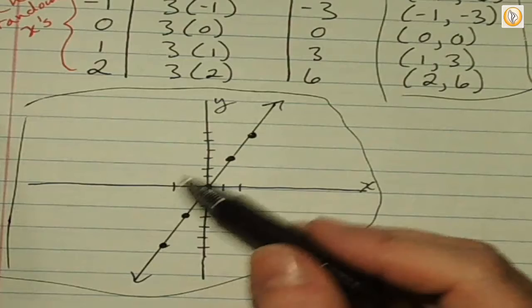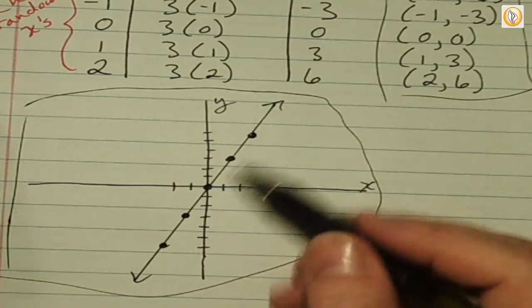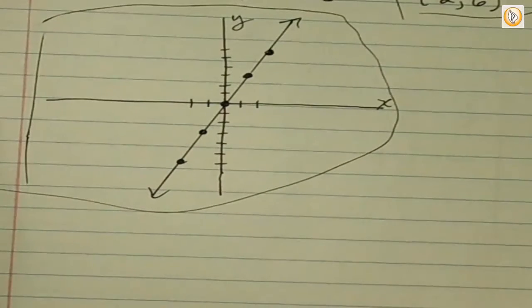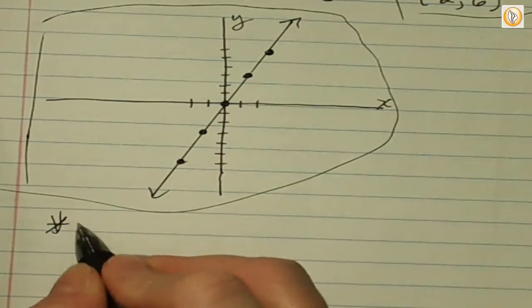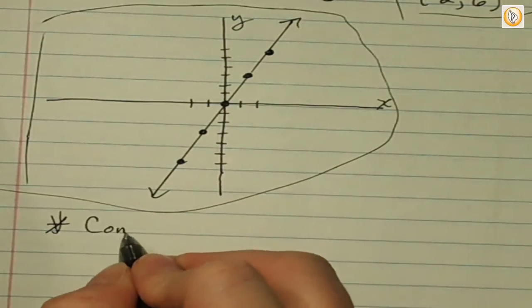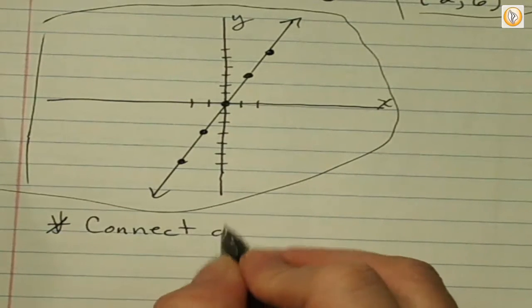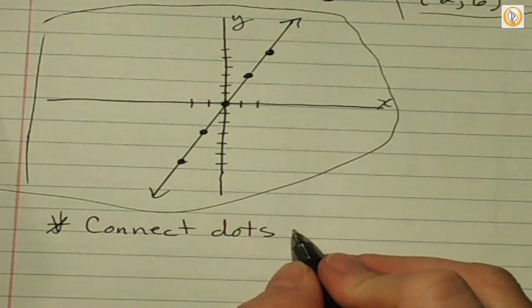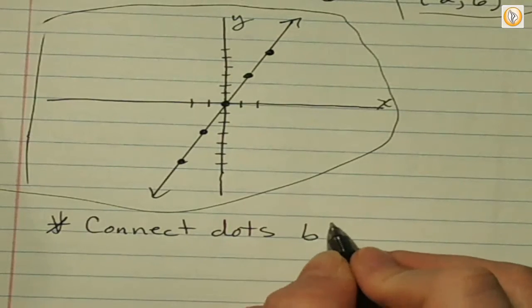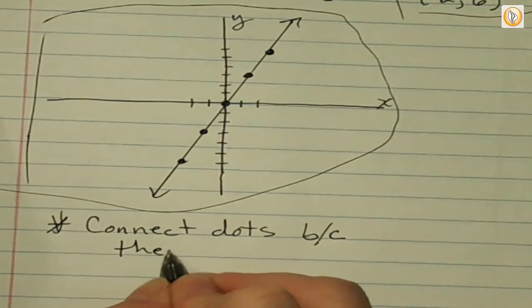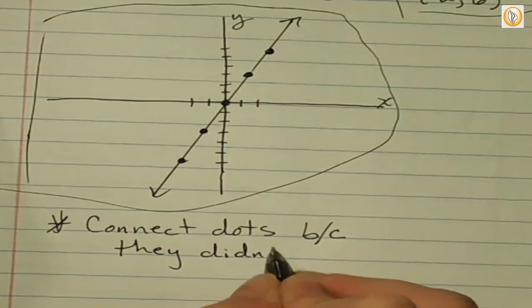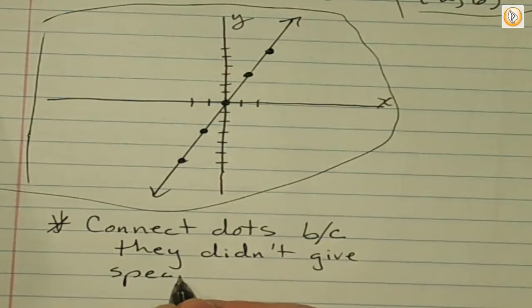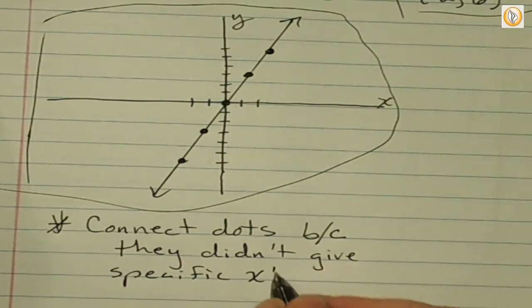The reason that we connected this time, connect dots because they didn't give specific x's.